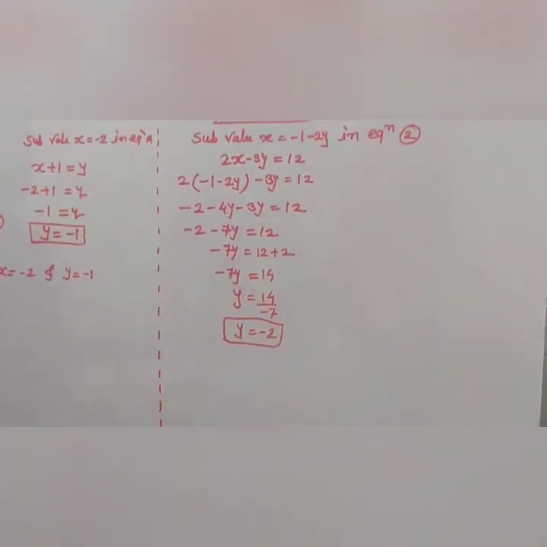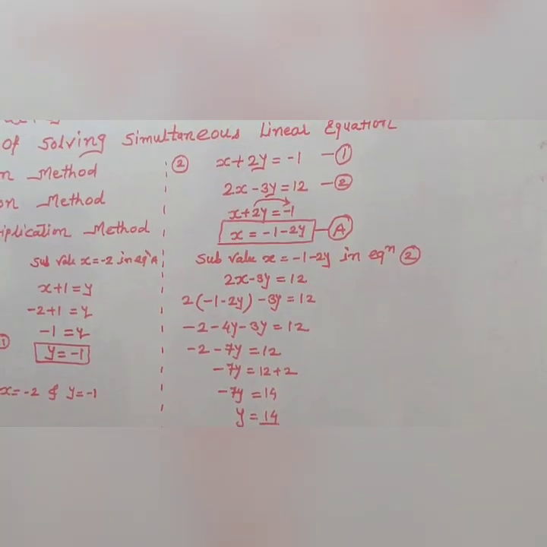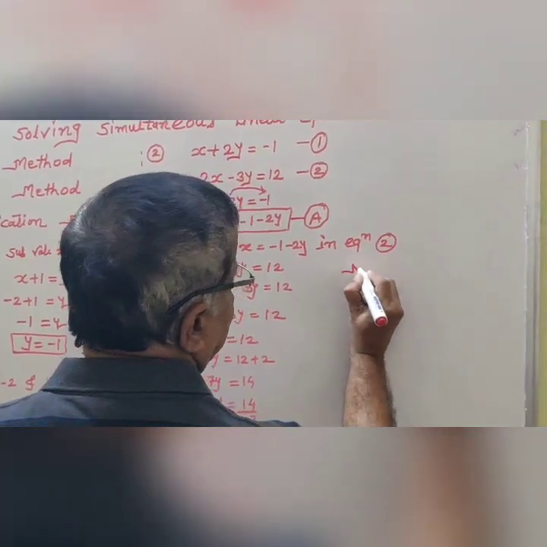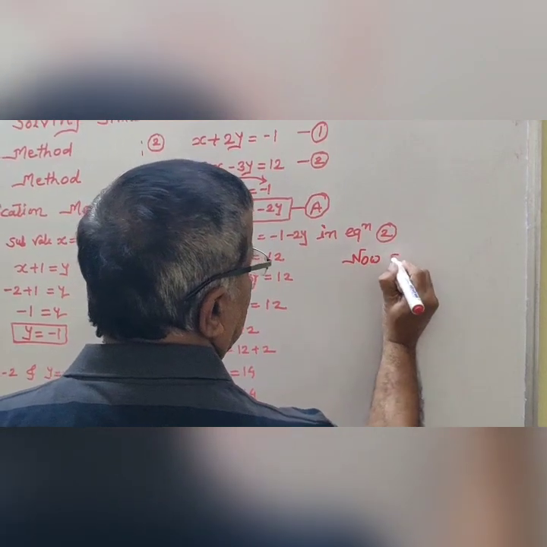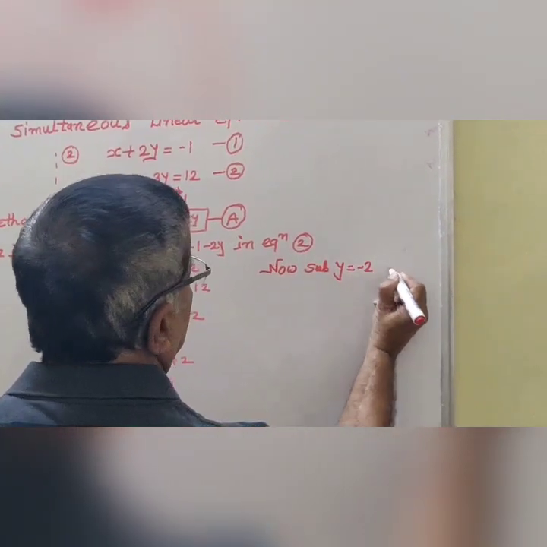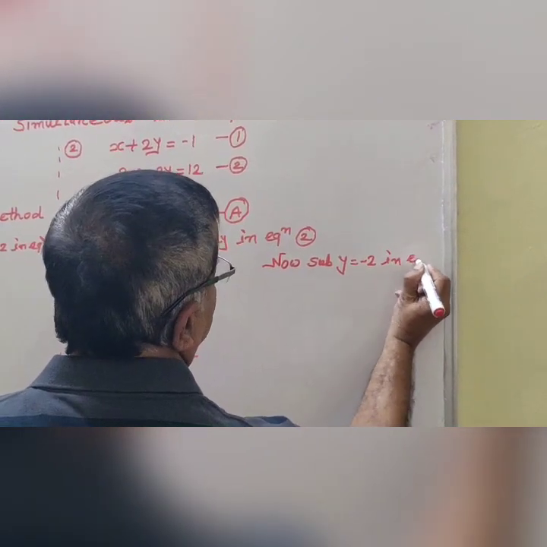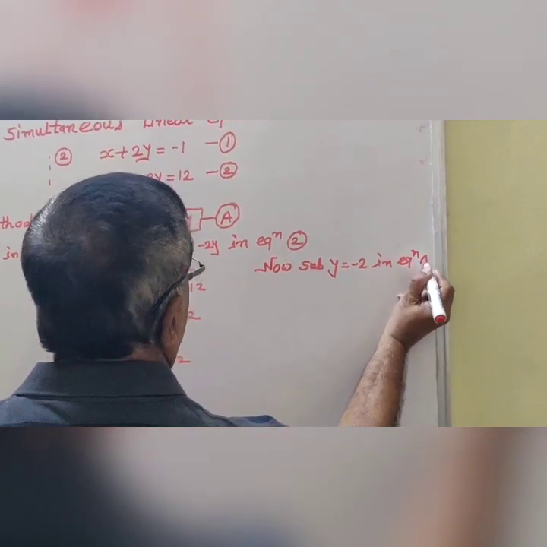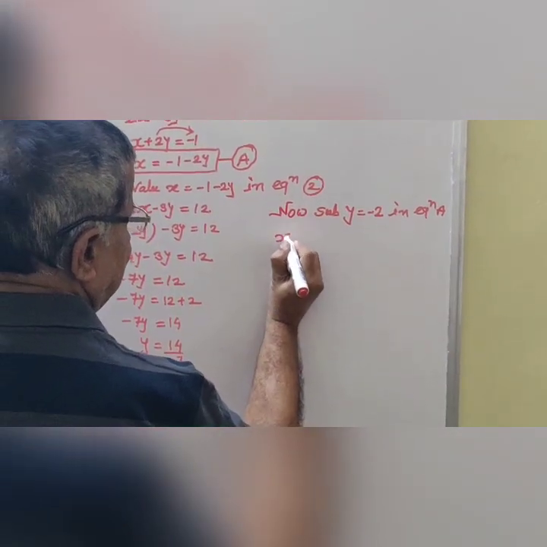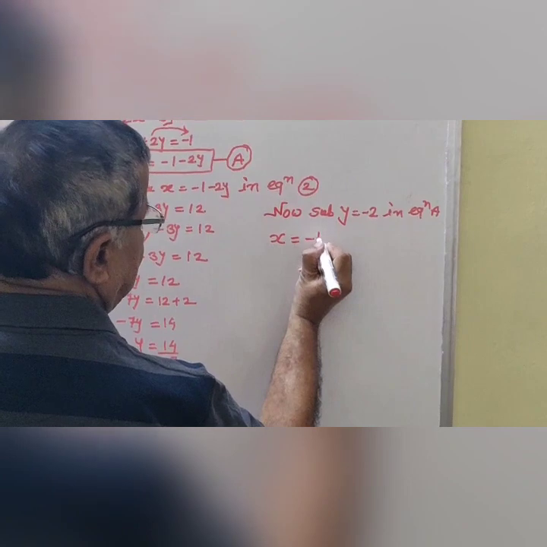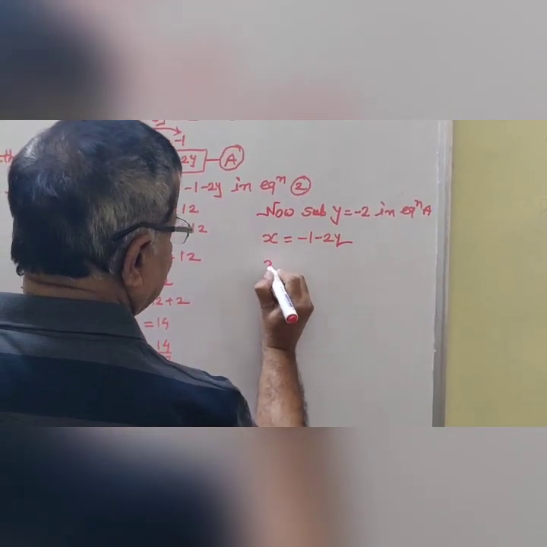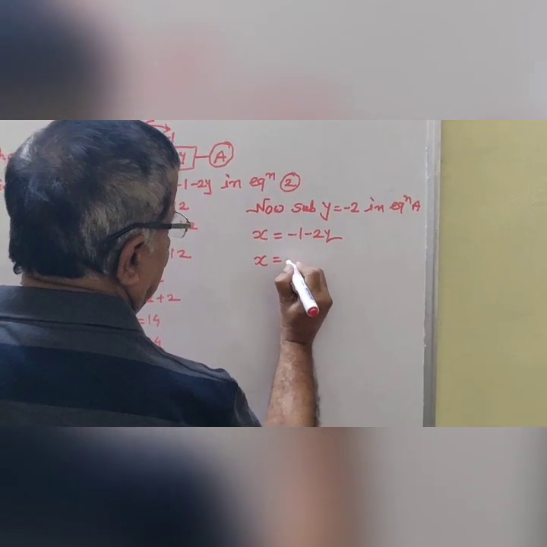Now I substitute this value, y is equal to minus 2, in equation a. My equation a is x is equal to minus 1 minus 2y. Now I am substituting the value of y here.